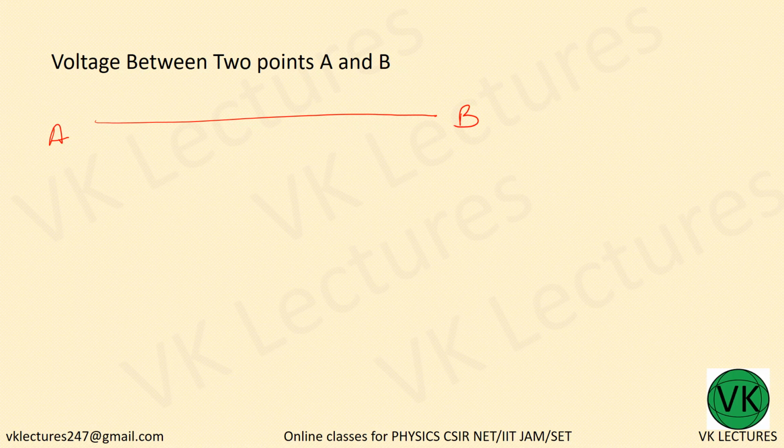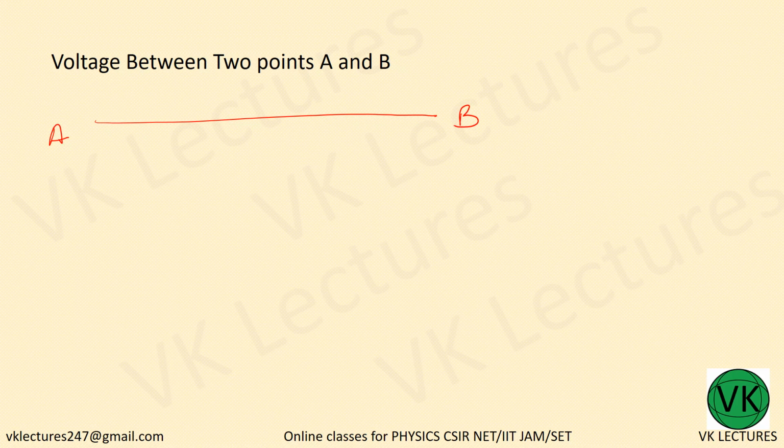Then it can be a diode with barrier voltage V naught, or it can be a capacitance. Okay, it can be anything. But in that case, we should see the direction of the current also. We will discuss that also.